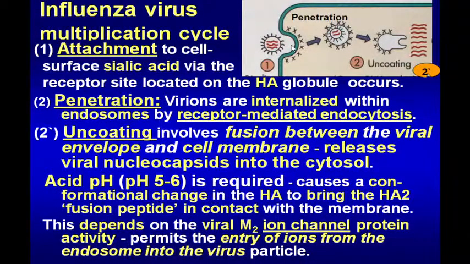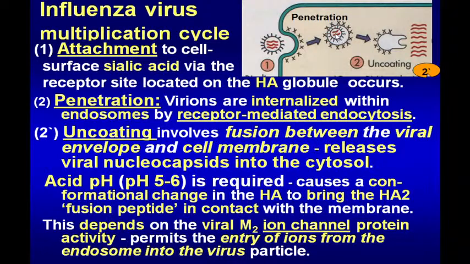So attachment to the sialic acid through the receptor located on the hemagglutinin globule. So I showed you, right? Then the virus penetrates by receptor-mediated endocytosis, and the whole virus appears in the endosome inside the cytosol.